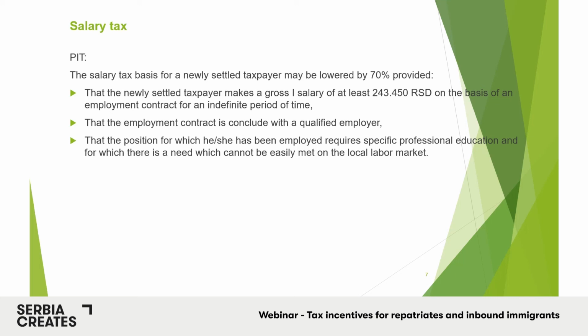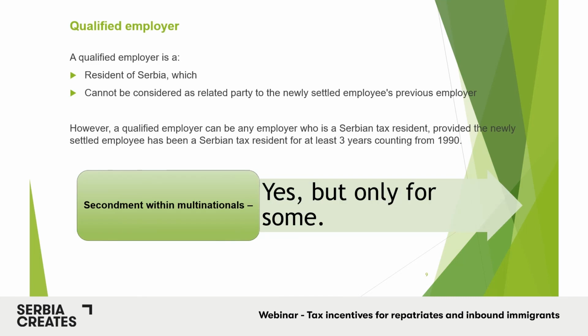We need qualified people, and as a rule, qualified people are paid high wages. Now, for people who are younger than 40 and who have been abroad for the purposes of further education, their salary needs to be at least around 166,000 dinars.